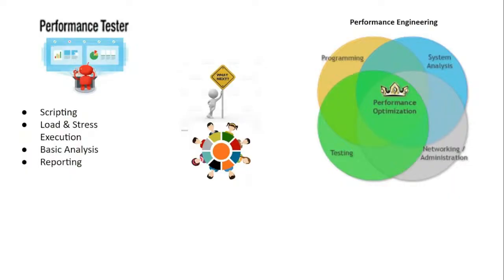Okay, and then the fourth one is going to be programming. It's not mandatory. If you know some level of programming language like Java or Python, it is still good to have. It is not a must to have.